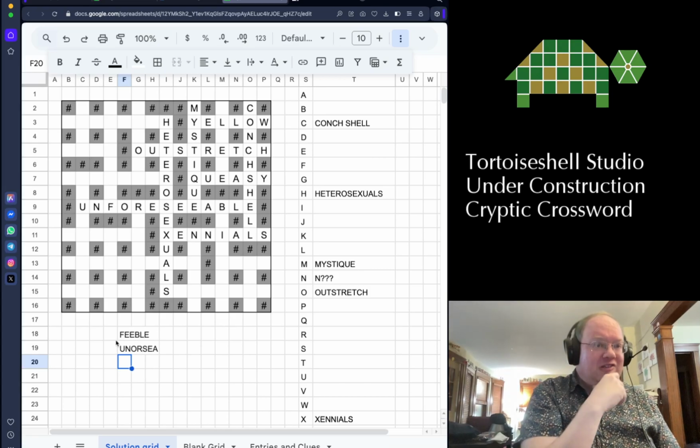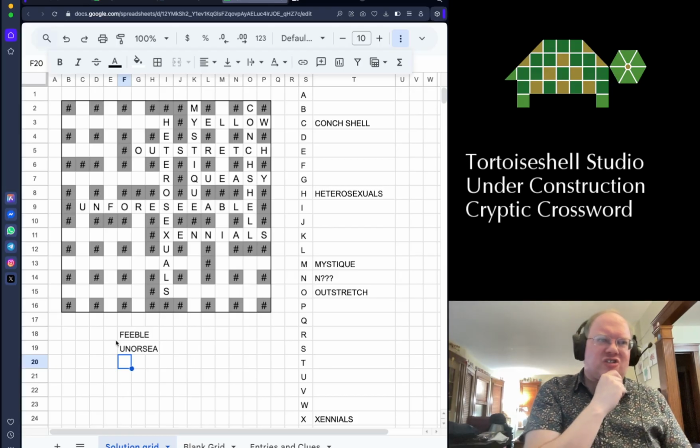And it'd be nice if there were maybe a noun to go with feeble.